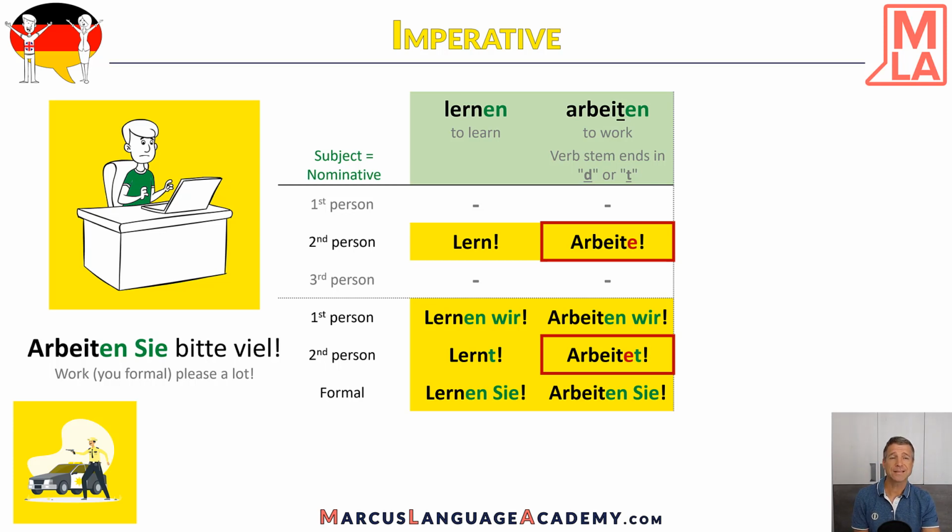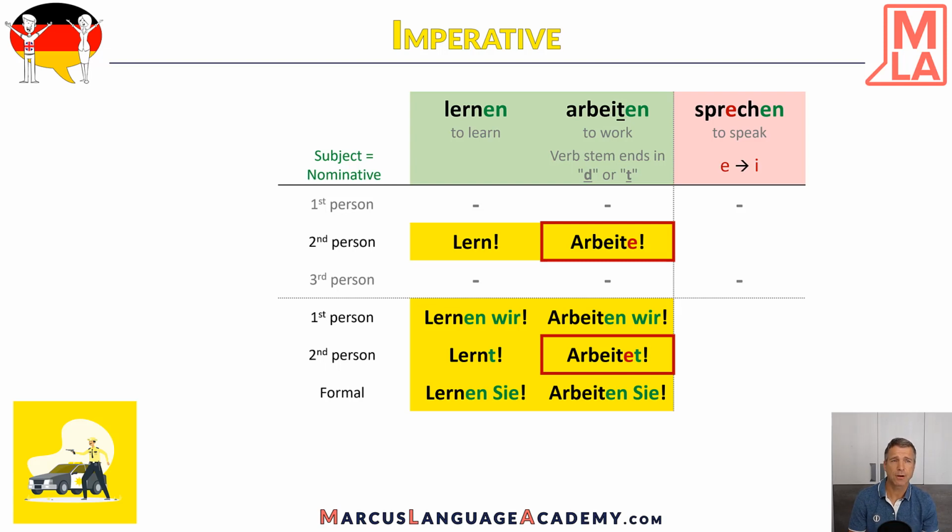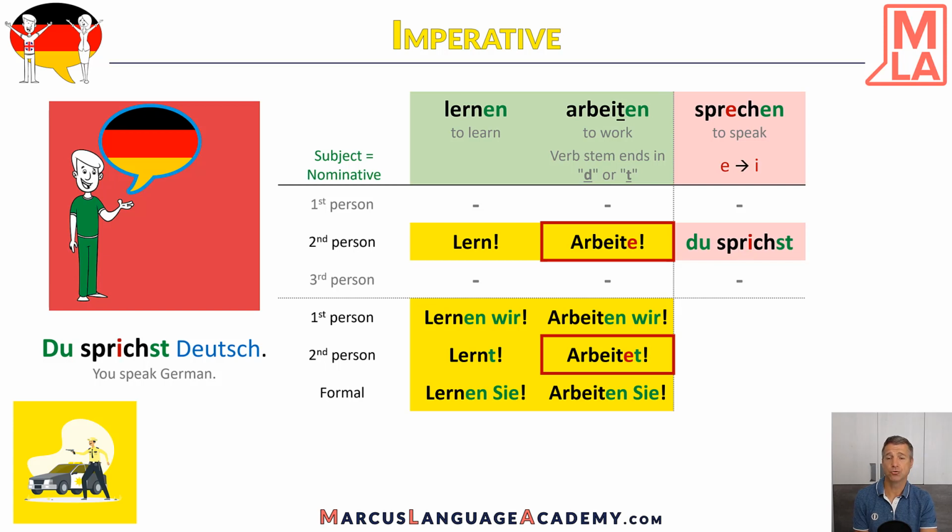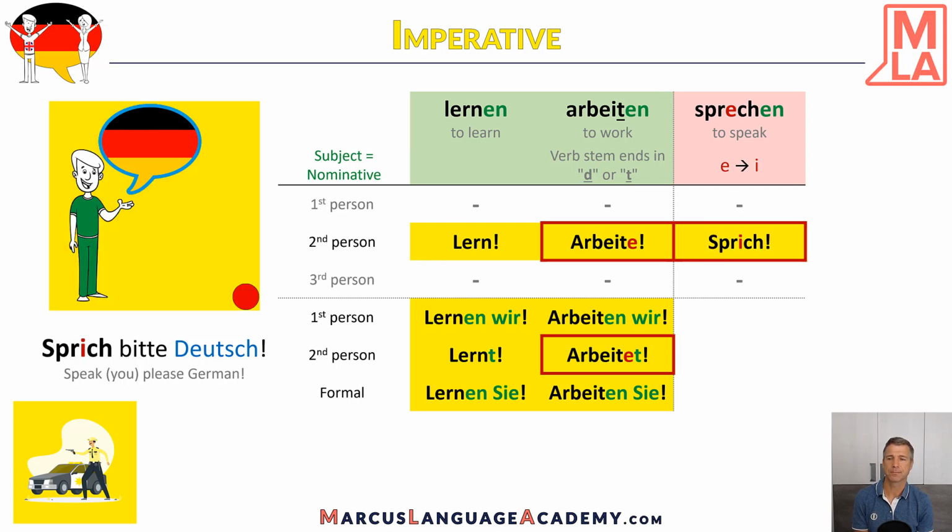Okay, but let's see a real irregular verb in German, like sprechen. Remember, we change here the E to an I, for second and third person. So let's see what happens here. Actually it's du sprichst. Du sprichst Deutsch, you speak German in present tense, and for the imperative we just take away st and du, and so we have sprich.